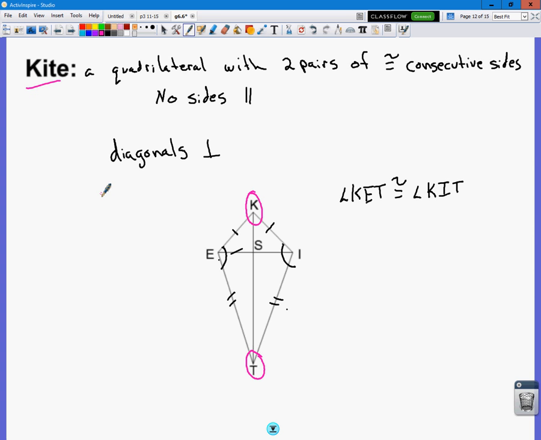Because there's no parallel sides. And if opposite angles were both congruent, it would be a parallelogram. Everybody good?